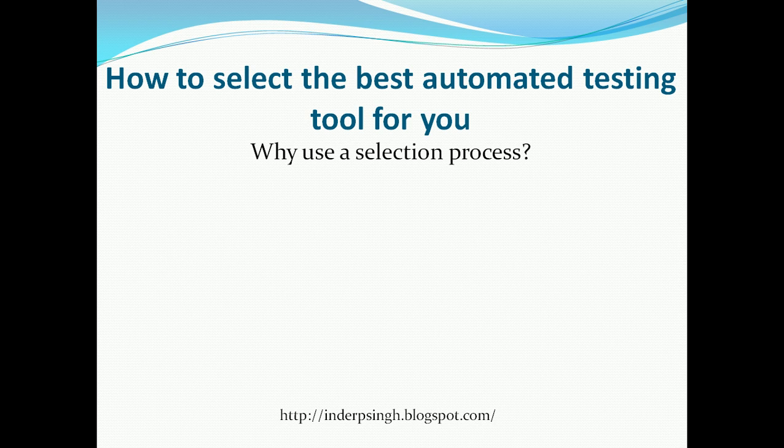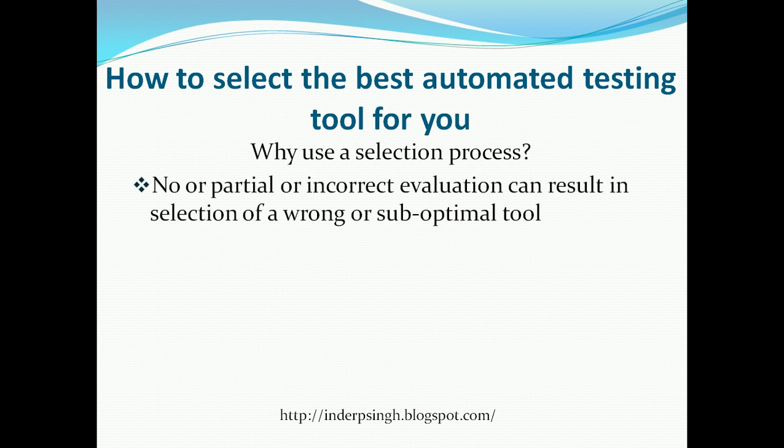So the best approach is to use a selection process that is completely tailored towards your requirements. Now, what happens when you do not do a logical evaluation of the best automated testing tool for you?